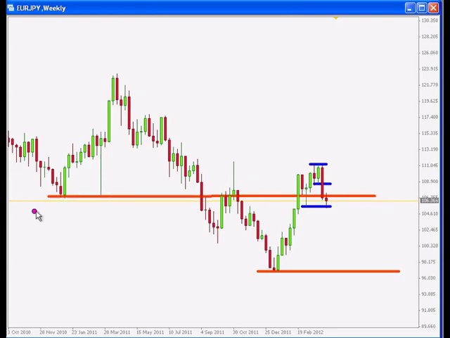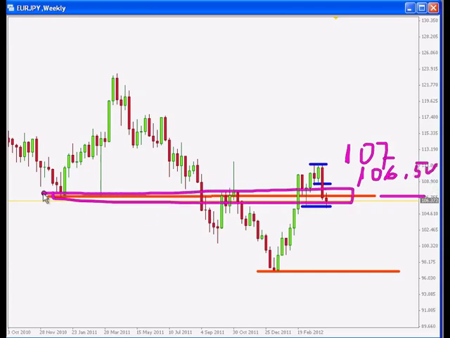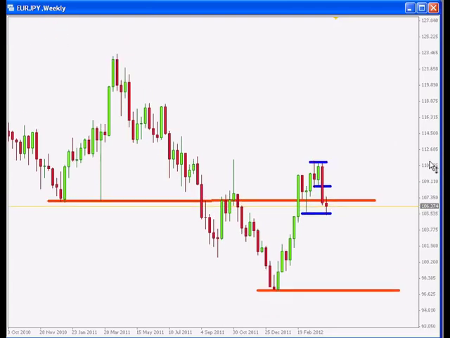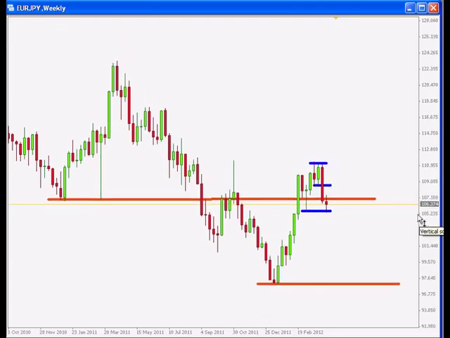All right, so price has been finding support, resistance, and now it seems like more or less support. This area around there, the 107, more or less 106.50, somewhere around there. This is an area of heavy support and resistance for the euro against the Japanese yen. Certainly worth taking a note of that specific price point in the future.